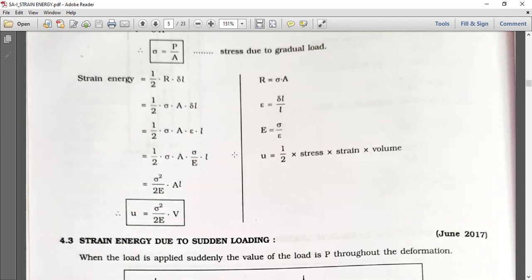So putting the value of delta L in the strain energy, we get 1/2 into sigma into A into epsilon into L, which is equal to 1/2 into sigma into A into sigma divided by E into L. From this exercise, we get the equation U equal to sigma squared upon 2E into V.